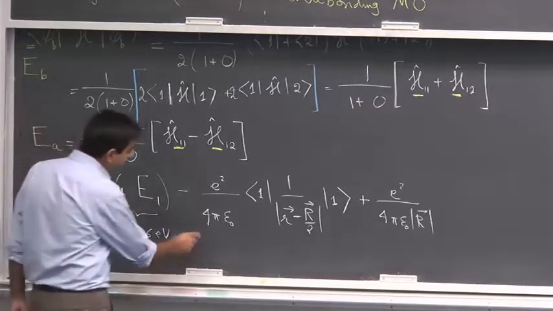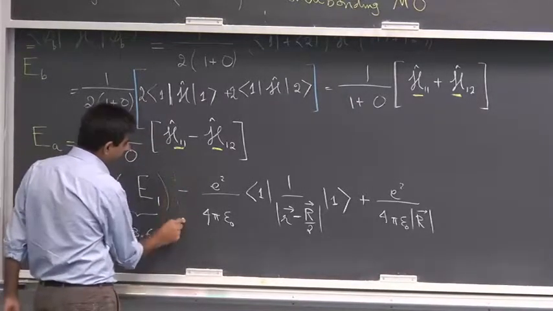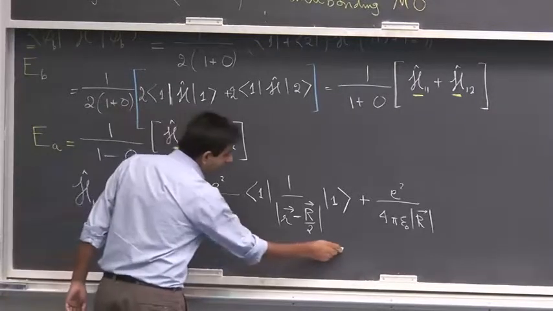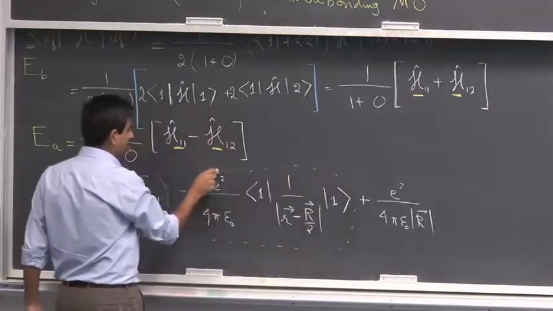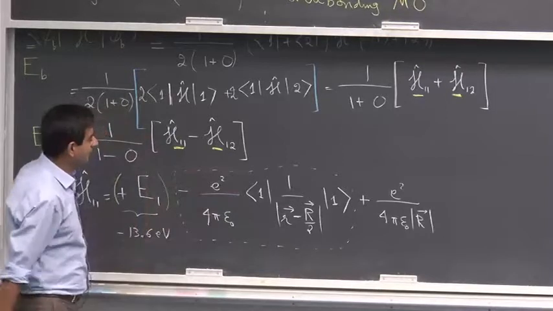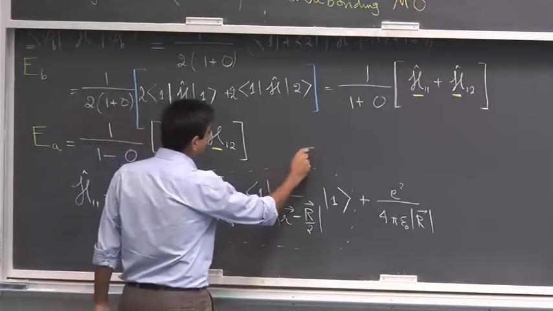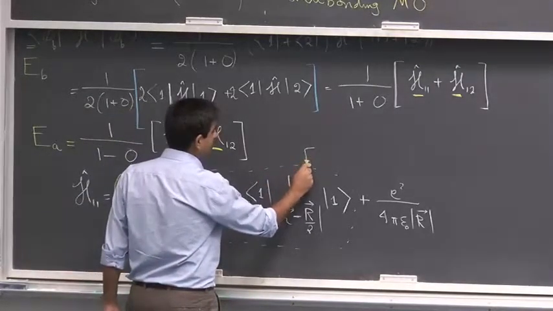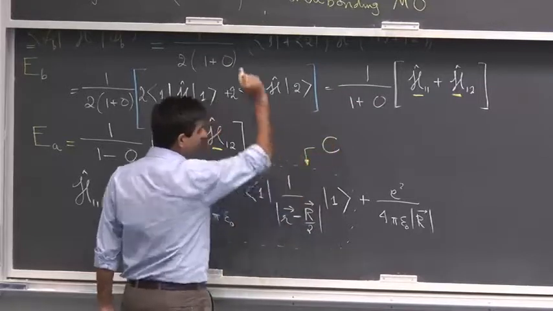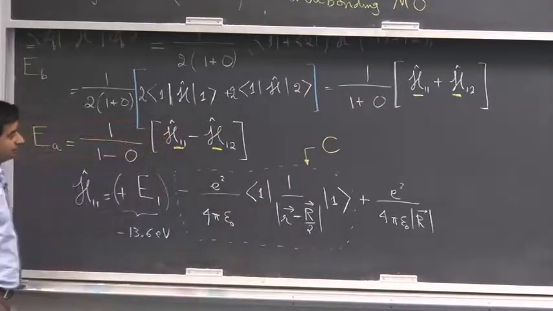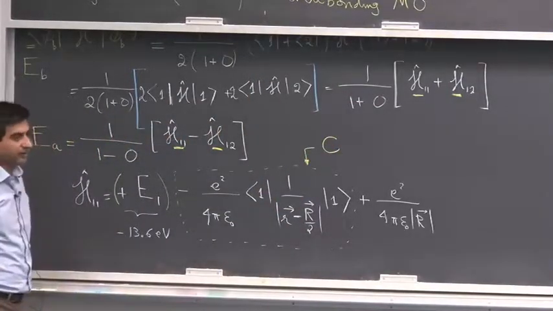What does this other term represent? Let's call it some constant C. What does this term physically represent?